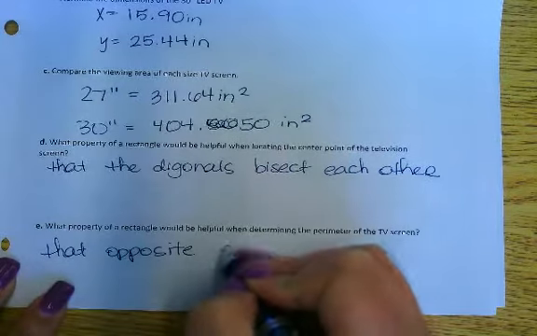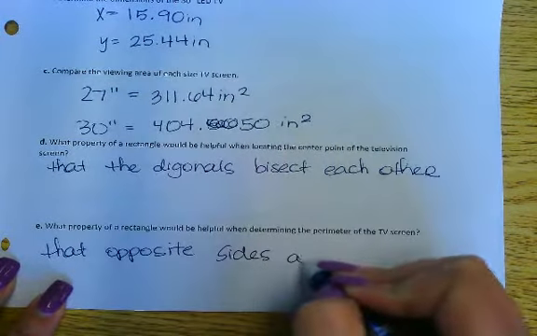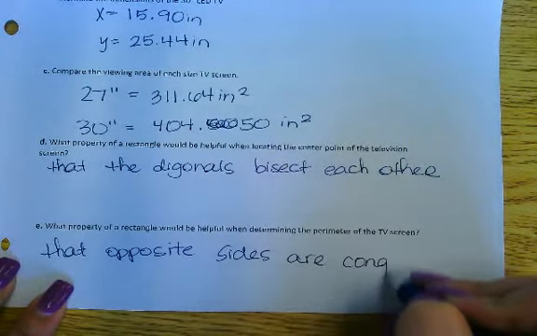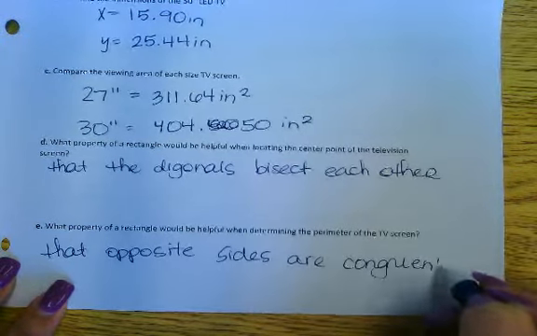Okay, turn over your notes and your pink sheet. Let's see if we know our properties. Okay, we're going parallelogram first. Somebody tell me a property of a parallelogram. Opposite sides are congruent. Opposite sides are parallel.